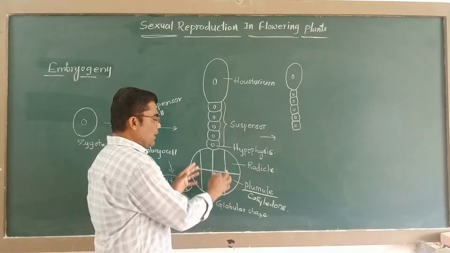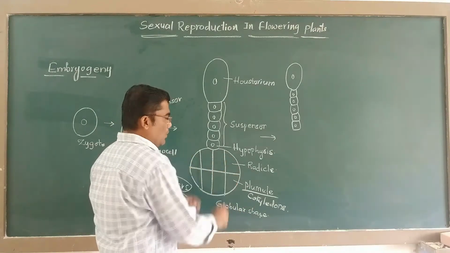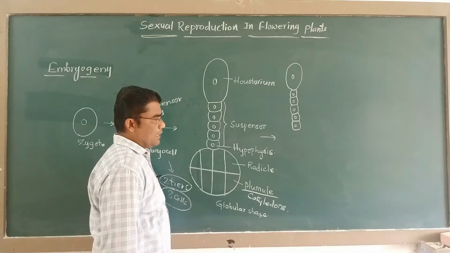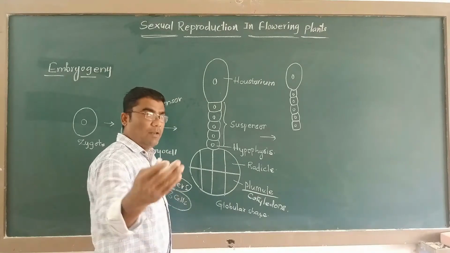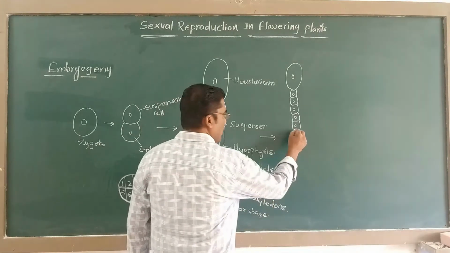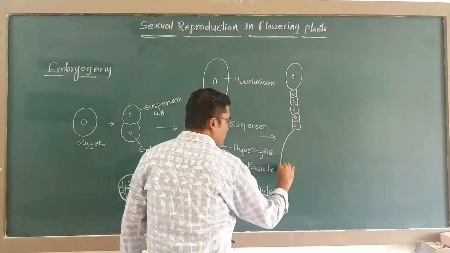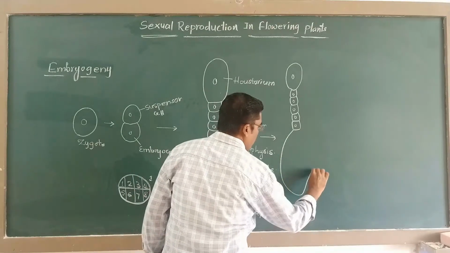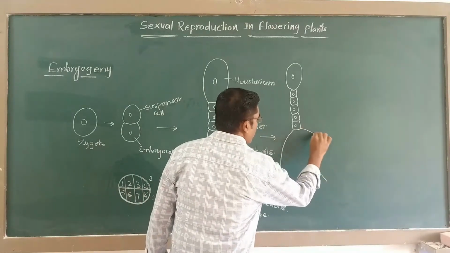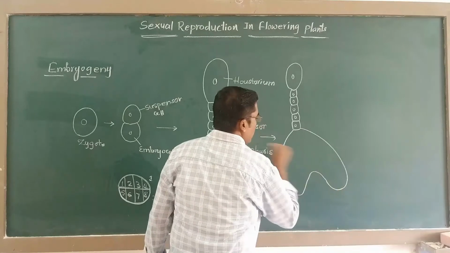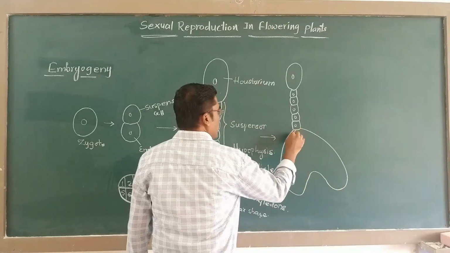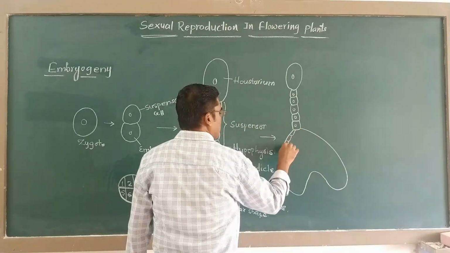So here gradually this globular embryo undergoes continuous multiple mitotic cell divisions, and it will achieve the heart shaped structure. So here it becomes like this. It is a multicellular structure.